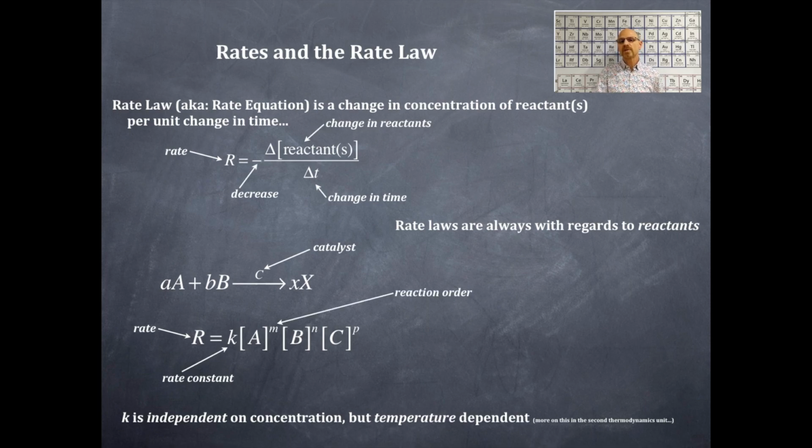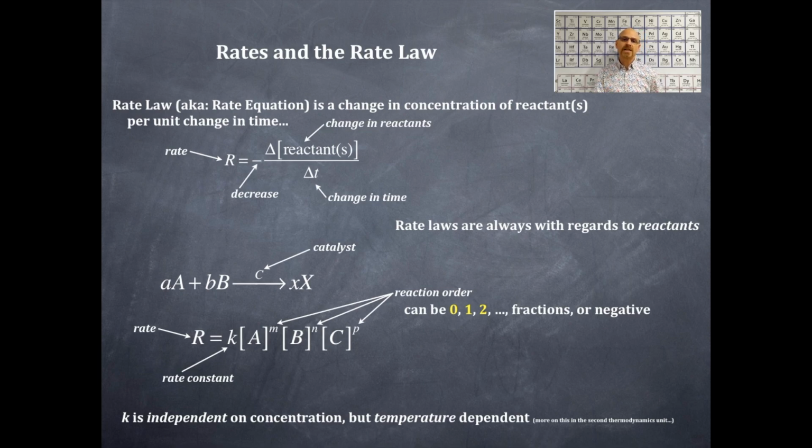This is the reaction order. Those superscript letters m, n, and p in this case are the reaction order, and these can be the following numbers: 0, 1, 2, which represent zero order, first order, and second order. They can also be fractions, and they can also be negative values.